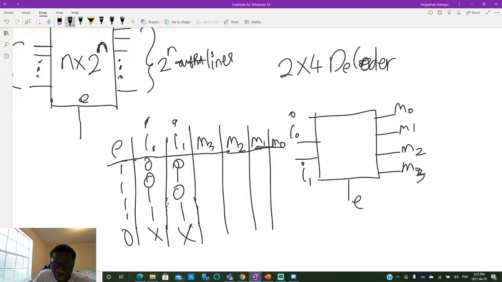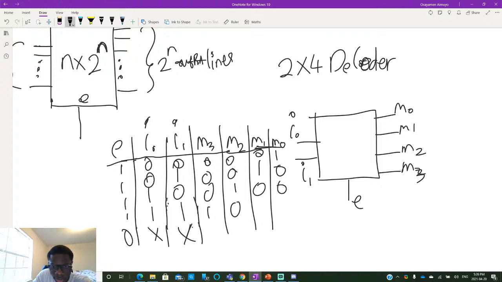Okay. So for 0, 0, this would be a 1. 0, 1, this would be a 1. 1, 0, this would be a 1. And 1, 1, this would be a 1. And the rest are zeros. Notice that these outputs are for when the enable is equal to 1.